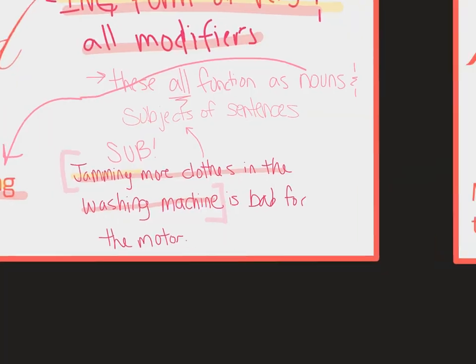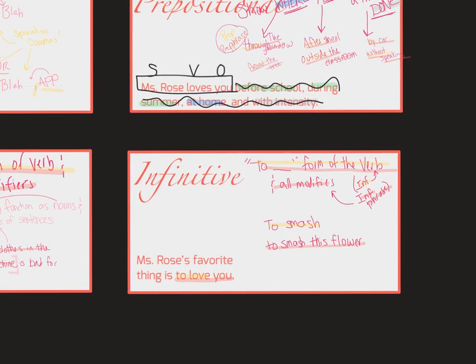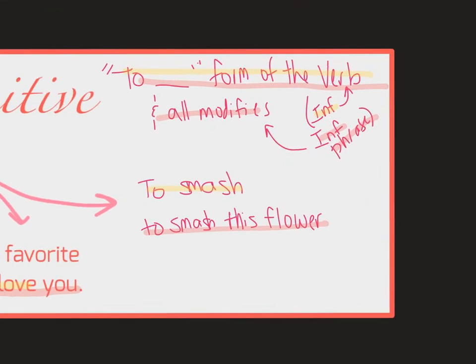And the same thing happens over here in infinitives. These also function as nouns and subjects of sentences. For example, in to smash this flower, depending on where it was in the sentence, changes it. What if I was to zoom in and say, to smash this flower is my favorite?